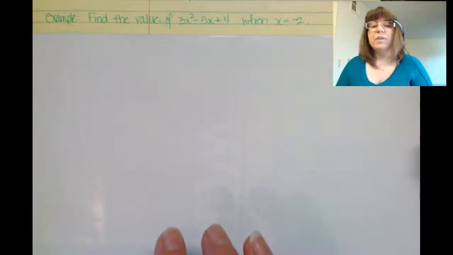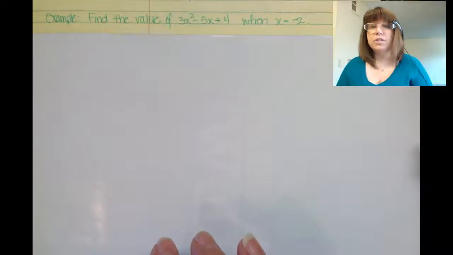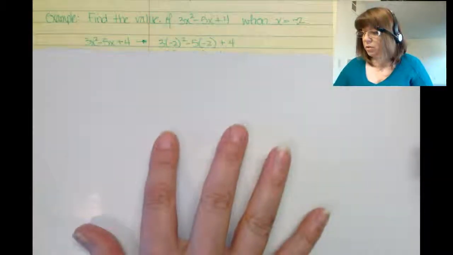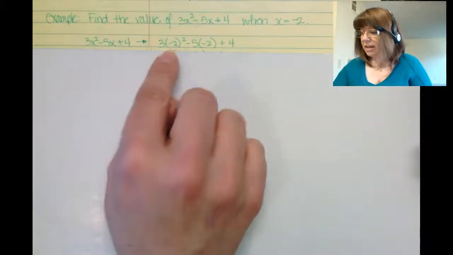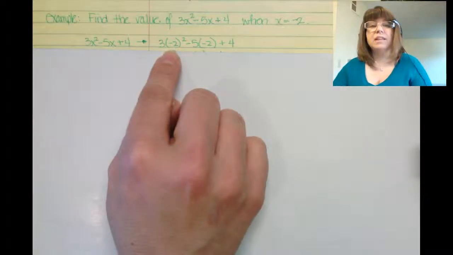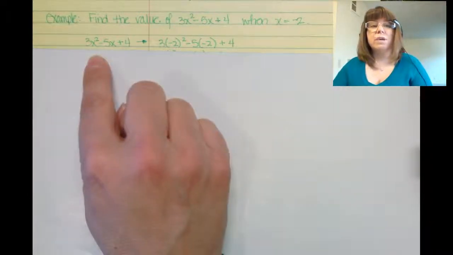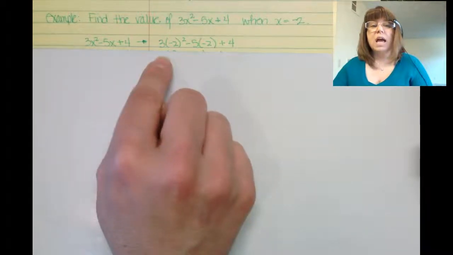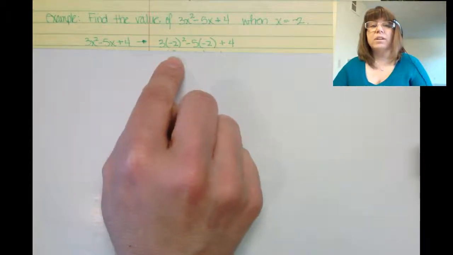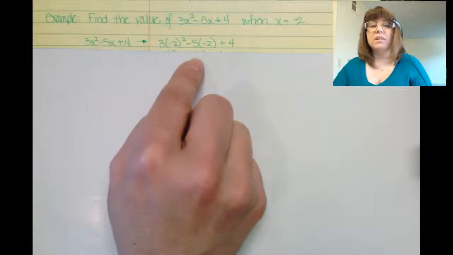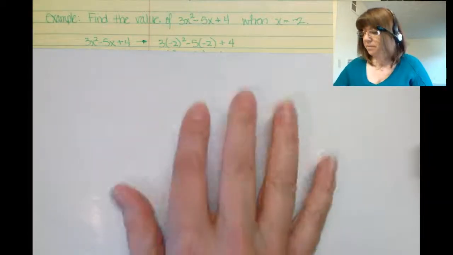Find the value of 3x squared minus 5x plus 4 when x is negative 2. So again, what I'm going to do is wherever I see an x, I'm going to place the negative 2. So 3x squared minus 5x plus 4 becomes 3 times negative 2 squared minus 5 times negative 2 plus 4.